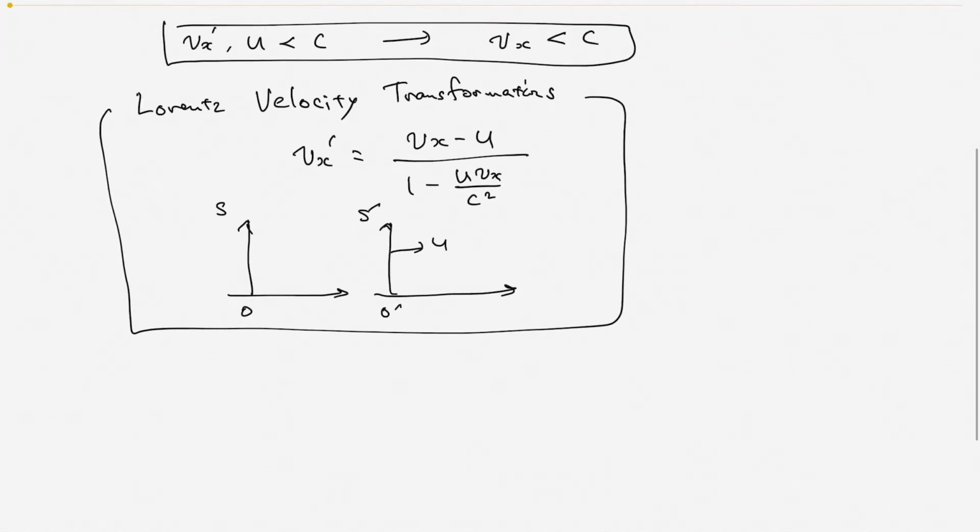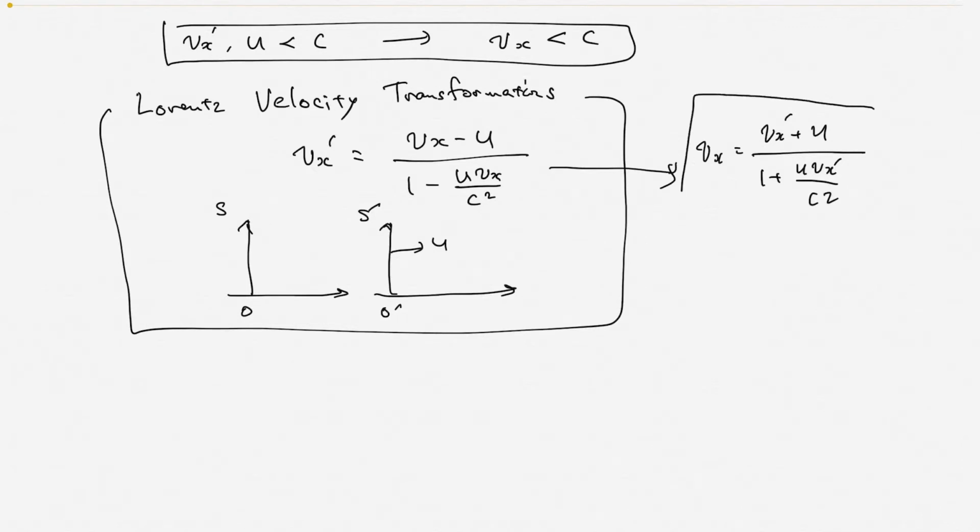From these equations, we could derive another expression. Actually, we could derive this equation: v sub x equals v sub x prime plus u over 1 plus u v sub x prime over c squared.